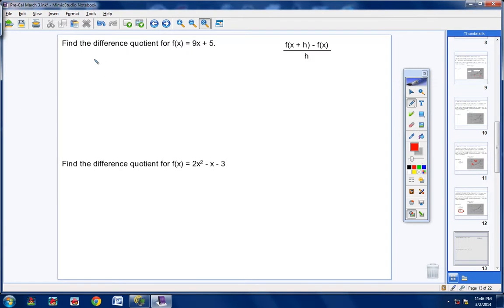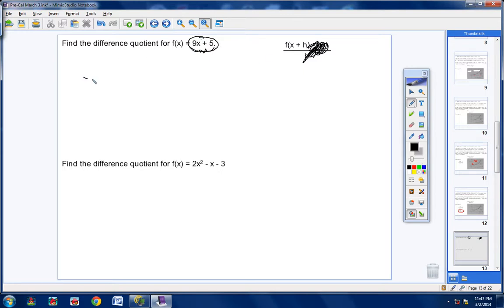So here we go. Let's find the difference quotient for this expression right here using this formula right here. Now, first of all, I have f of x plus h, okay? Forget everything else, please. I have f of x plus h. That means I'm going to evaluate this function at x plus h. That means everywhere you see an x right here, I'm going to put x plus h.